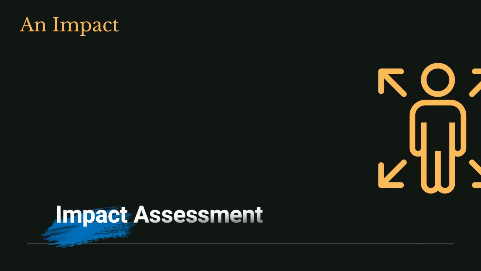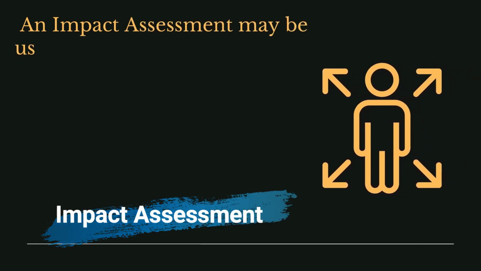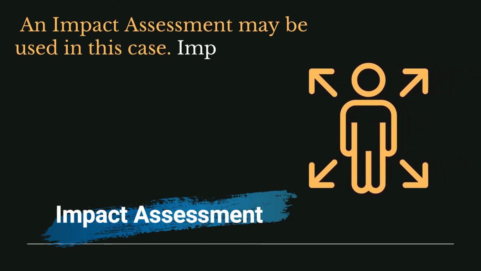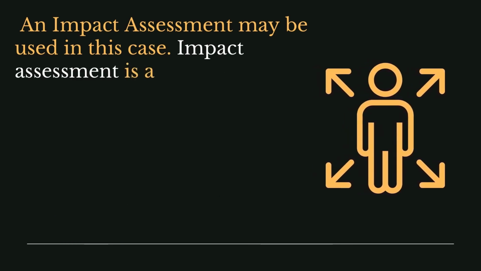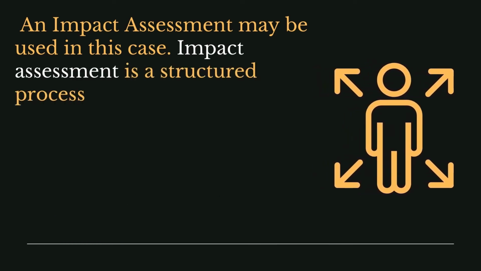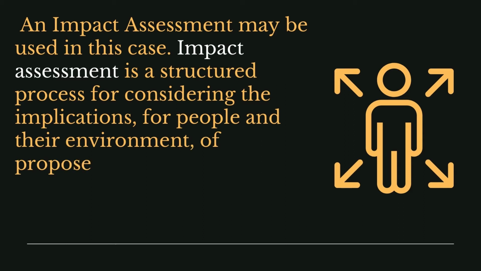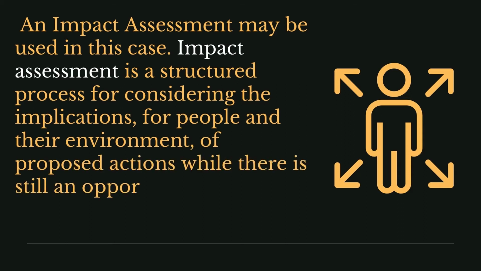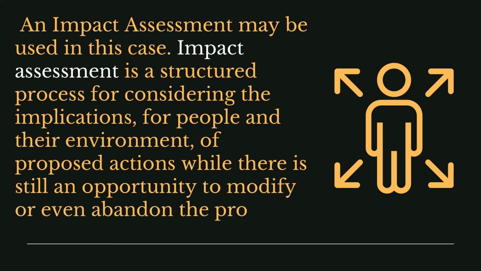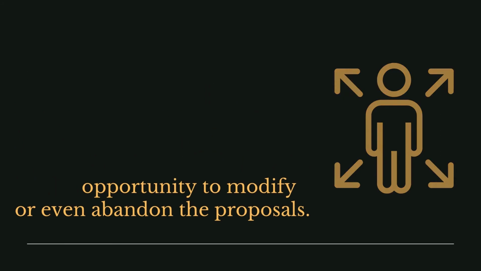To address this problem, we use the impact assessment method. The impact assessment is a structured process for considering the implications for people and their environment of proposed actions while there is still an opportunity to modify or even abandon the proposals. You may have heard of the environmental impact assessment. This is similar to that.